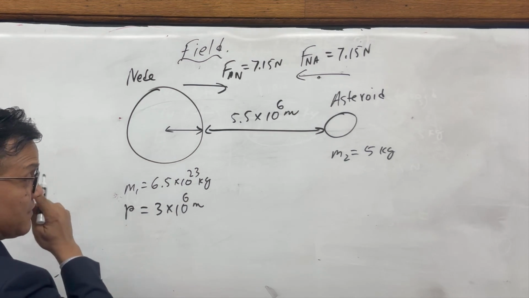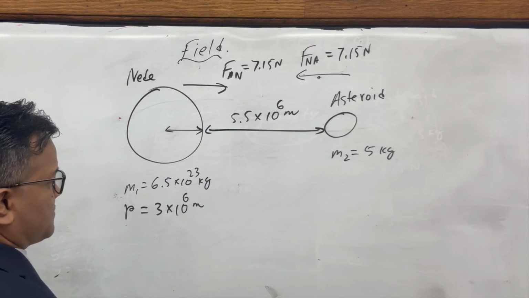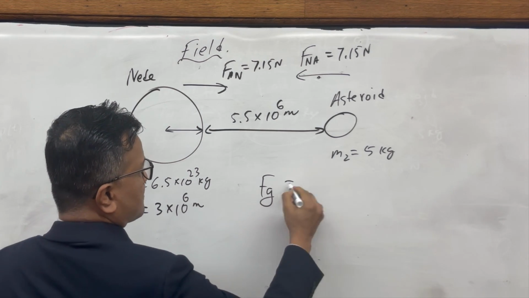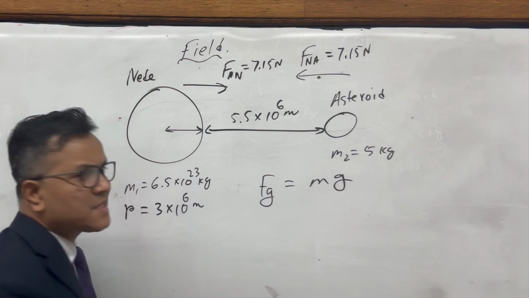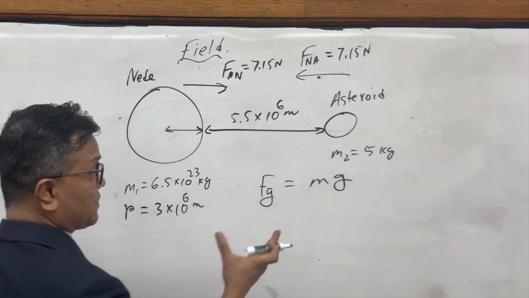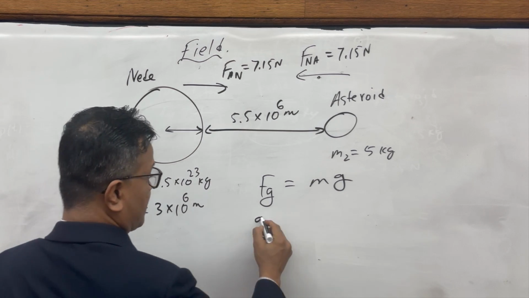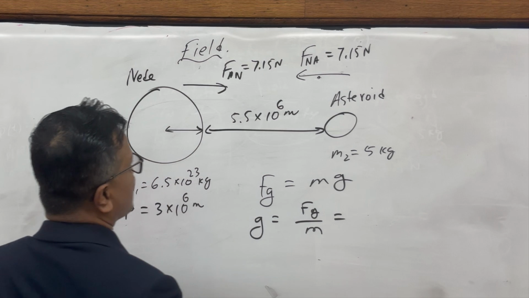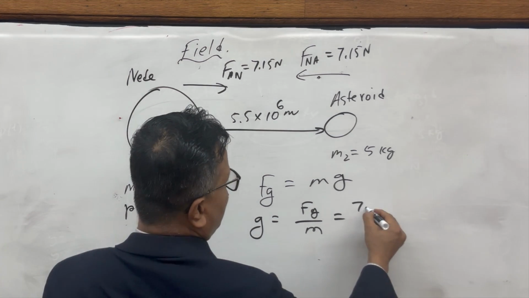So to find the field, this is the field equation. You've seen it like a million times. To find the field, we're going to do it two ways. Number one, field is Fg over m. So what is Fg? 7.15.